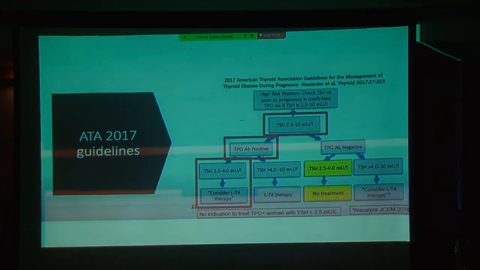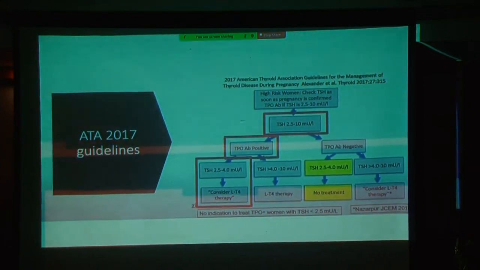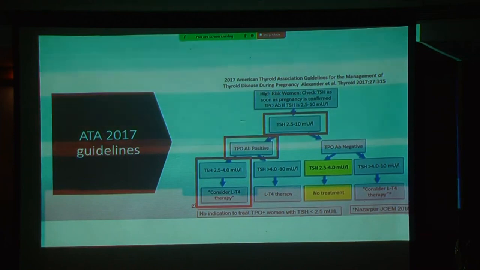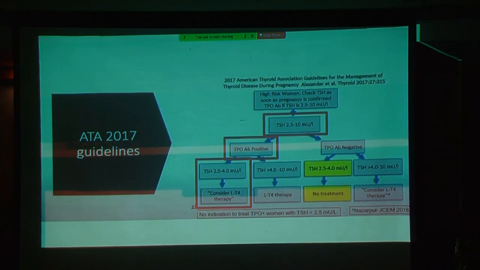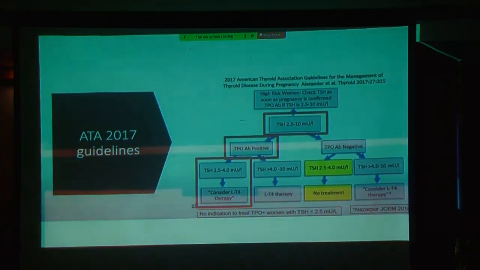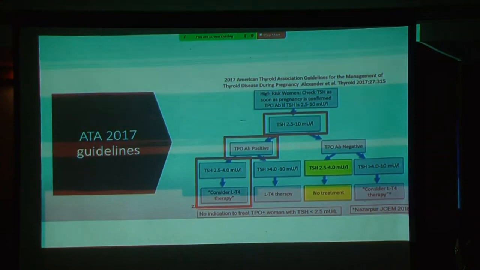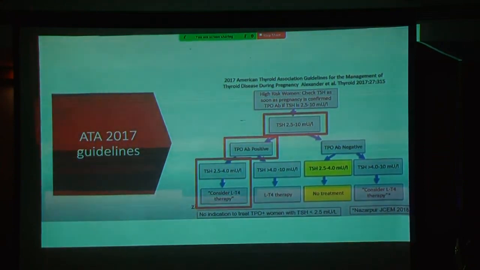And even in anti-TPO positive patients, if the TSH value is less than 2.5, some of the infertility specialists like Raju sir may consider treating the patient, because in the future this patient can develop other autoimmune diseases like thyroiditis. Even after delivery, the patient can go into a thyrotoxic crisis for a transient period of 3 months, because whatever thyroid hormones are available can be released immediately into the circulation.